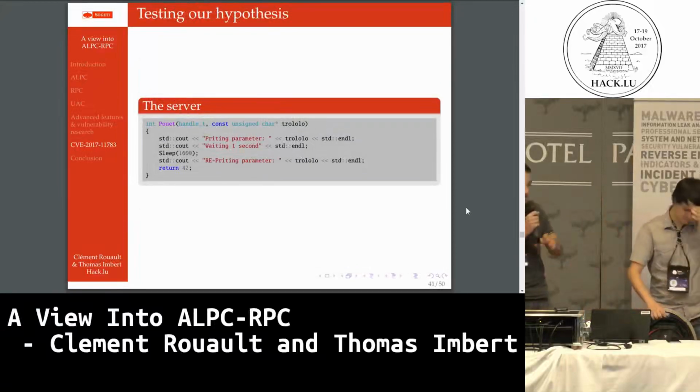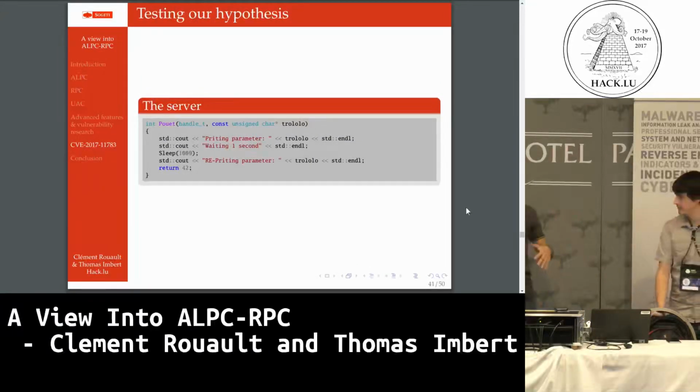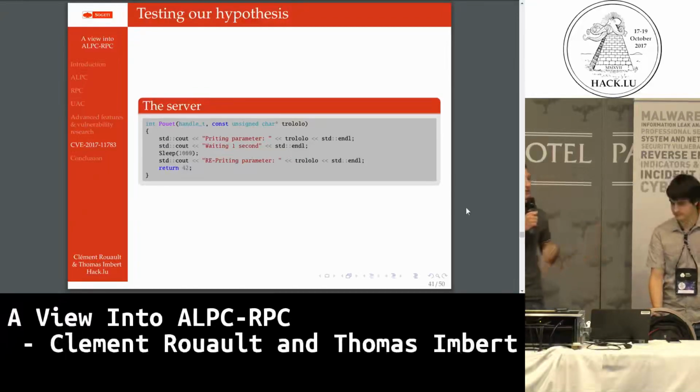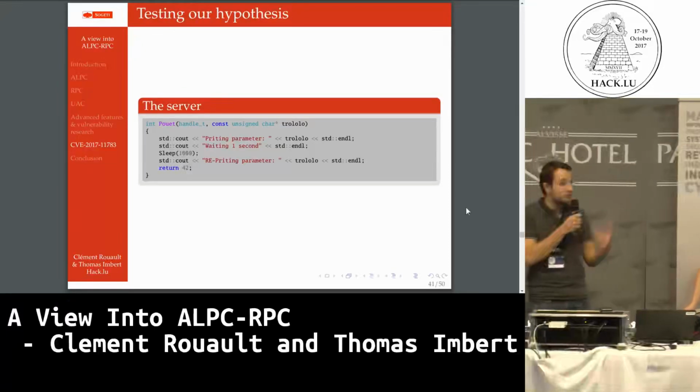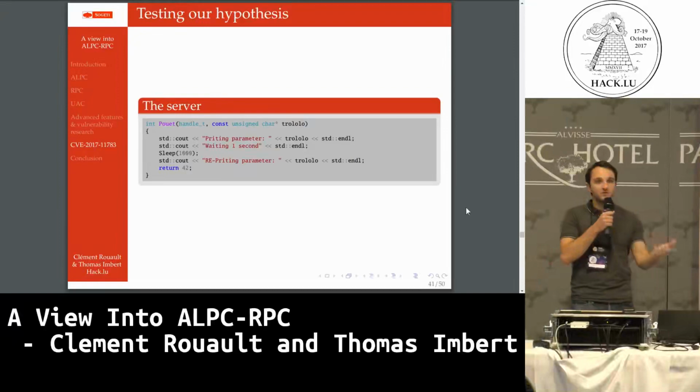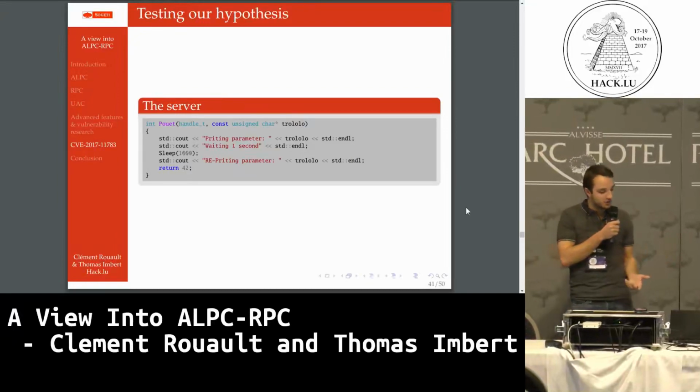To give you some context about where we are now: during two months, we just looked at binary dumps, trying to find out which field does what in ALPC and RPC. After that, we found a UAC bypass. We tried to send a view to another server, and we found out that we could.